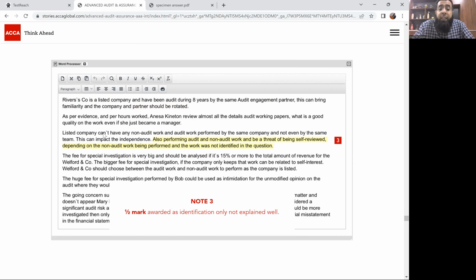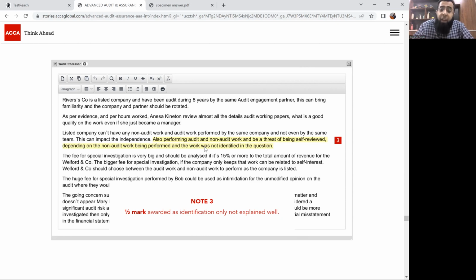Then: "Listed companies can't have any non-audit work performed by the same company and not even by the same team." This is partially a wrong statement. Non-audit work relating to financial statements is prohibited, and this can impact independence. Also, performing audit and non-audit work can be a self-review threat, depending on the non-audit work being performed, and the work was not identified in the question.